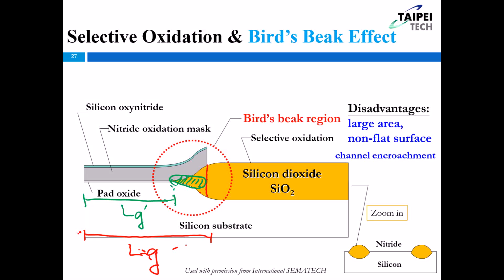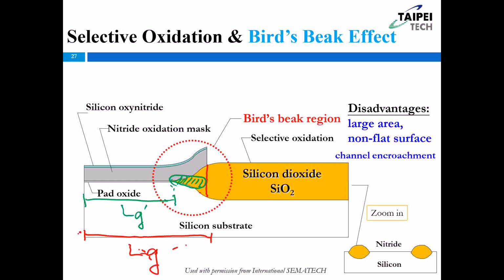So it means the LOCOS has a larger area. It wastes chip area because the area is very large due to the lateral growth, okay?